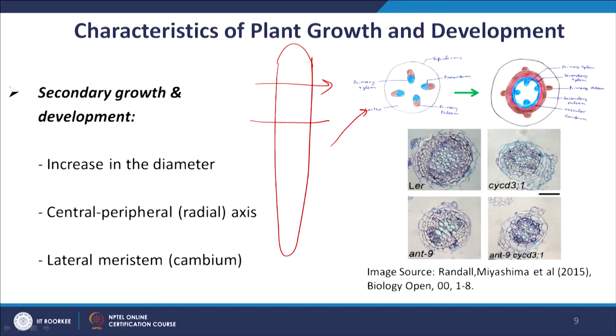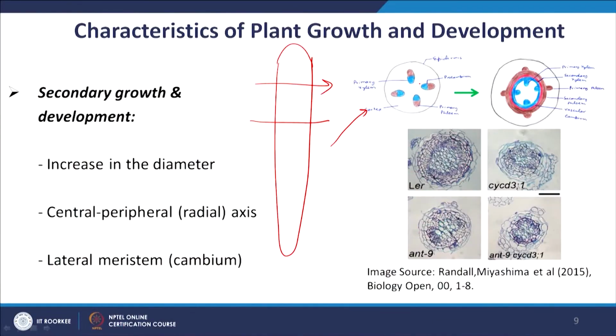Vascular bundles are very important tissues which make up the transport system. In the transport system, you have primary phloem, primary xylem, and in between there is a tissue called procambium. Usually during primary development, the procambium is not activated, and only primary phloem and primary xylem are made.